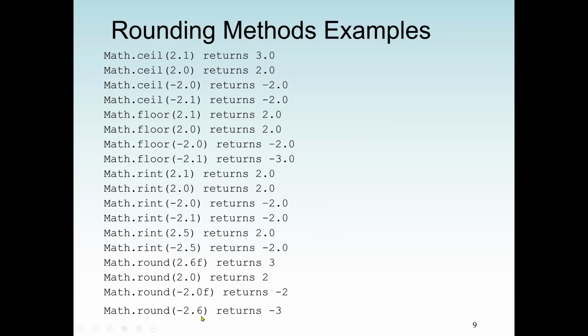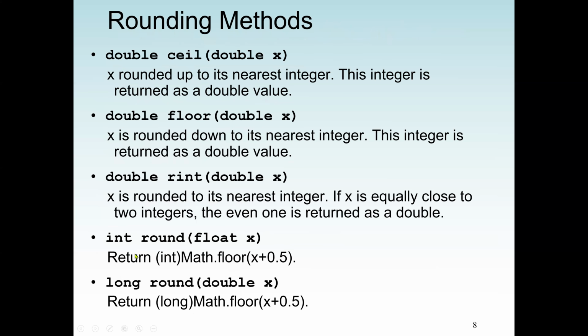So negative 2.6 plus 0.5 will give me negative 2.1, and that will give me negative 3 after floor. We change it to int, then we get negative 3. So that's the concept here again, one more time. In the run section, we can see that again, we round it. We use Math.floor of x plus 0.5. That's what it returns.